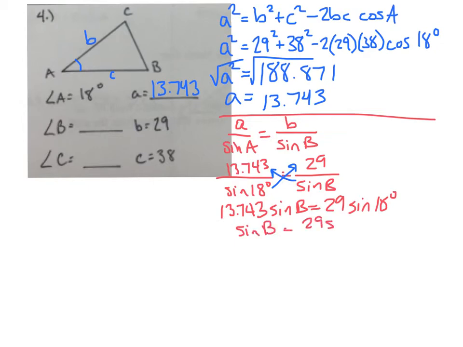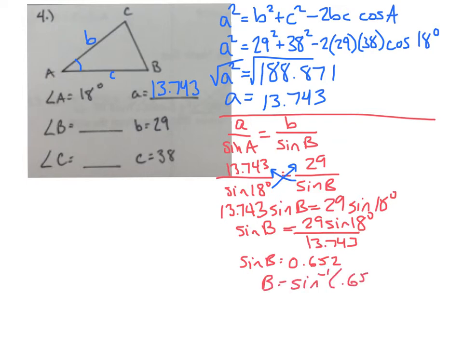So 29 sine of 18, all divided by 13.743. Now is a good time to grab that calculator and type it all in. And we should get that sine of B is 0.652. Finish it off by finding the inverse sine of that value.